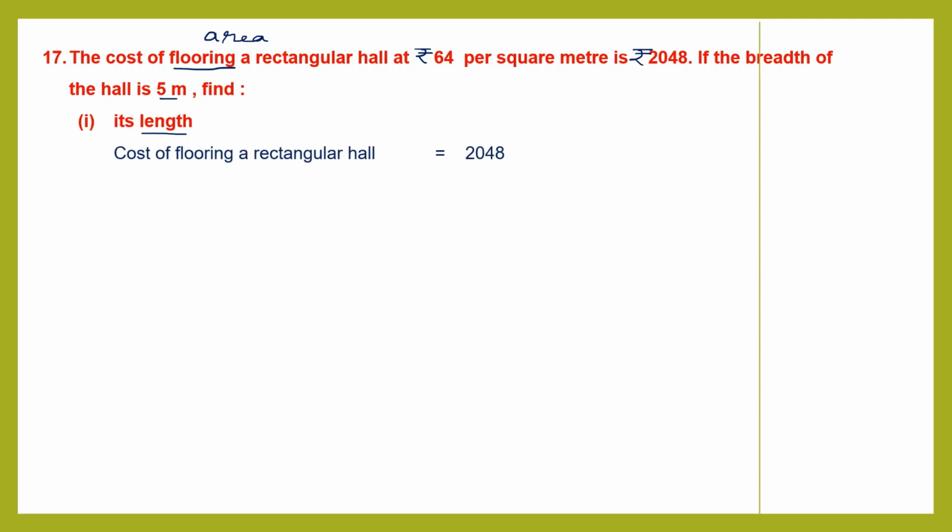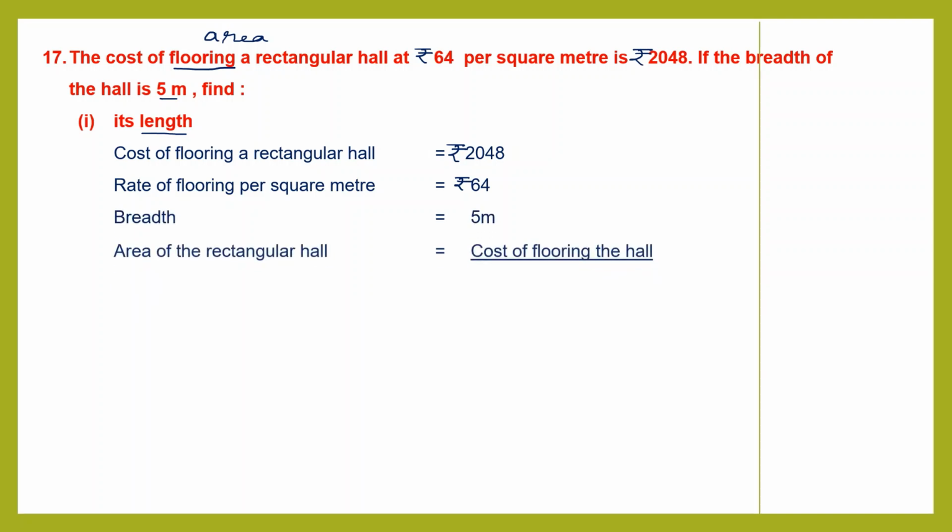So let's begin. Cost of flooring a rectangular hall is 2048. This is the total cost. Rate per square meter is 64 rupees. Now the breadth is given to us as 5 meters and we need to find the area of the rectangular hall. That is done by dividing the cost of flooring the hall by the rate per square meter.